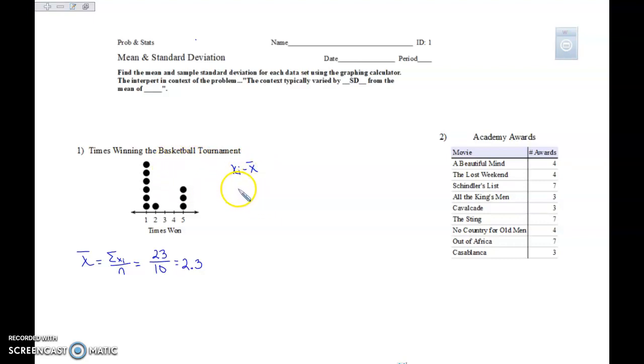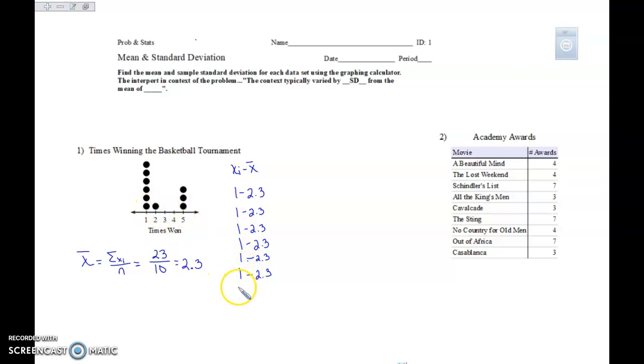So for the first one, you're going to have 1 minus 2.3. You're going to have another 1 minus 2.3. You're actually going to have 6 of these because there are 6 data points at the value 1. 1, 2, 3, 4, 5, 6.